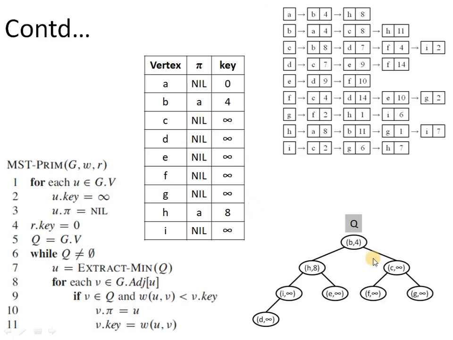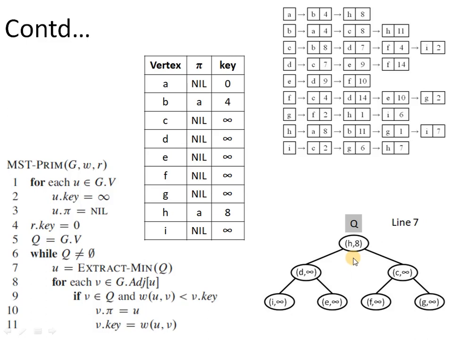Next again we have to iterate, that is we have to perform extract min. So next extract min will give vertex B because B was initially at the root. Now we have to consider the adjacency list corresponding to vertex B. It has first vertex A. So A is not a part of the heap anymore. So we have to do nothing.